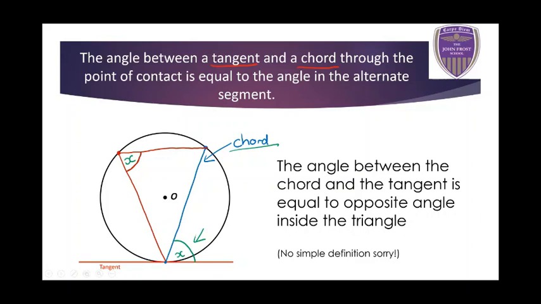This is how I visualize it: when I've been given angle x here, I highlight the chord, the line that isn't the tangent that makes that angle. I then find the angle that is opposite this line, and I know that angle is the same as the original given angle.